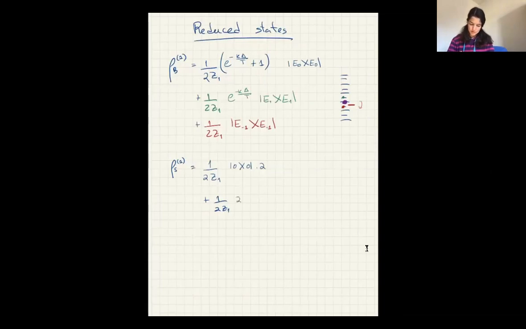So 2 times e minus delta k over t 1. Okay. Which is what?